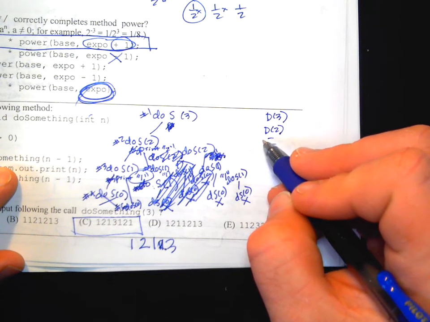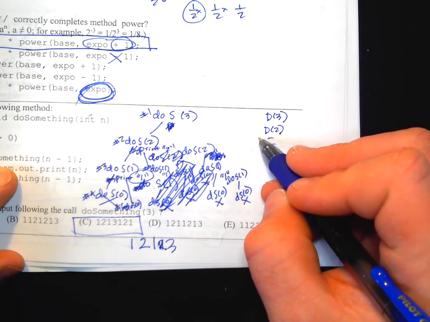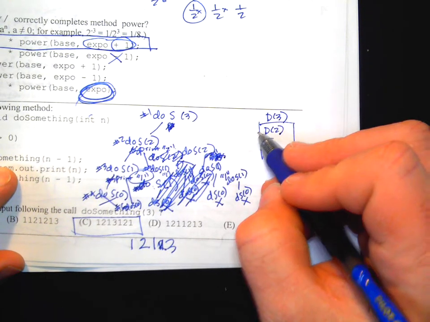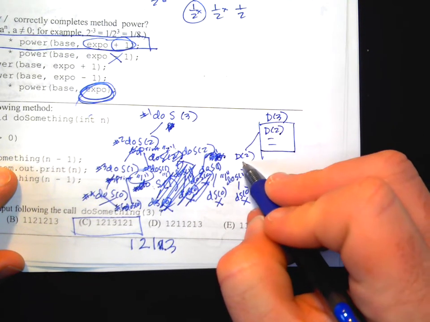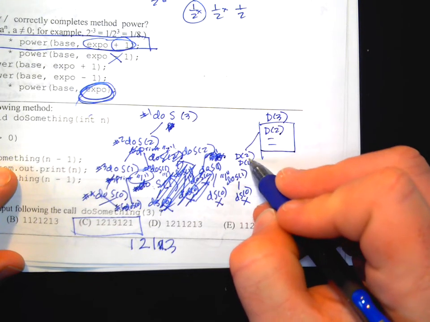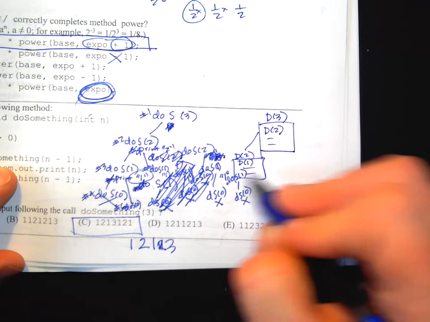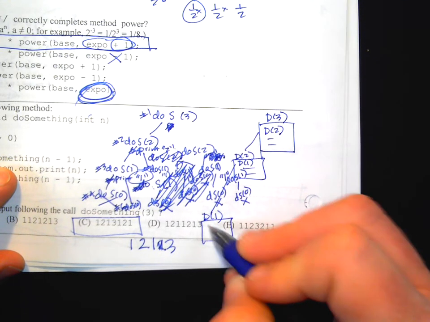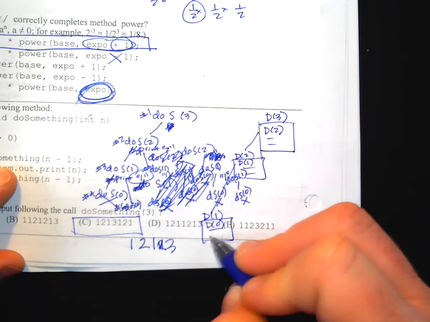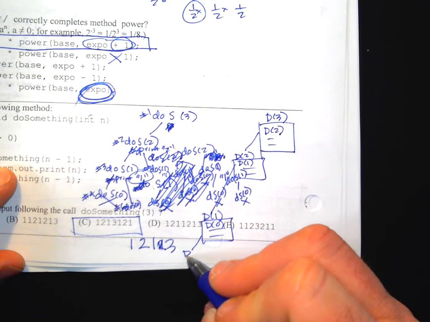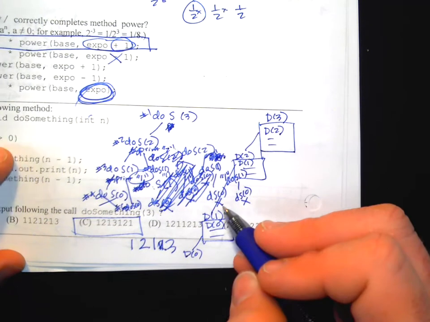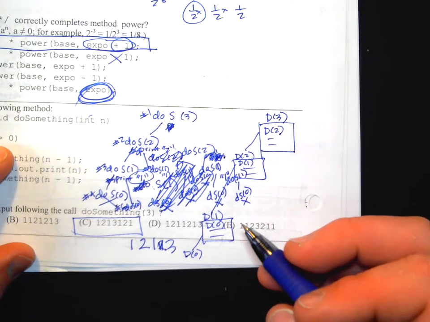This is how they kind of do it. Now, what does do something 2 do? Well, it calls do something 1, and then it's going to do a couple of things. But then do something 1, what does do something 1 call? It does do something 0, and then a couple things. And then do something 0 just doesn't do anything, right? Because then n is equal to 0.